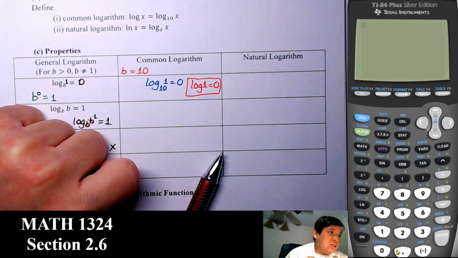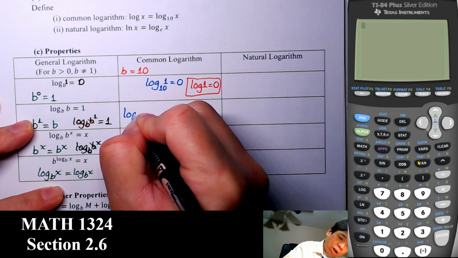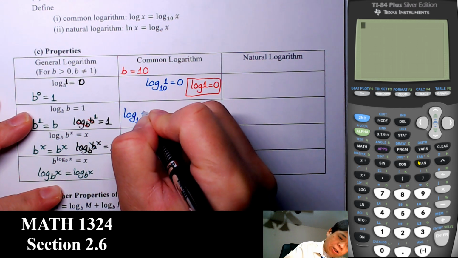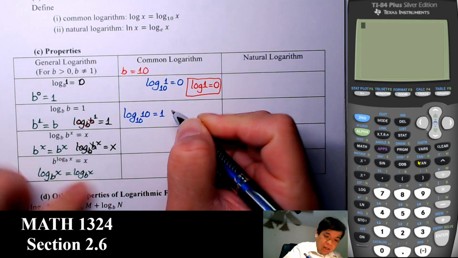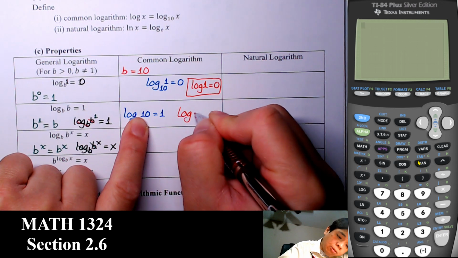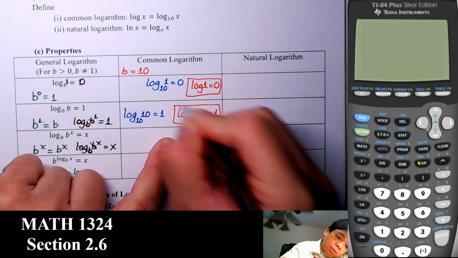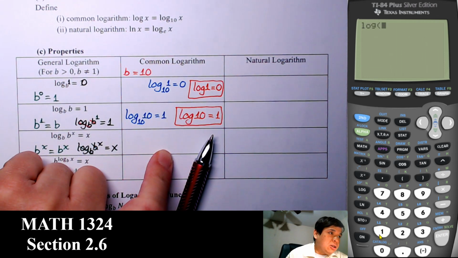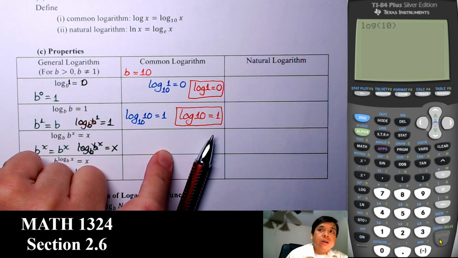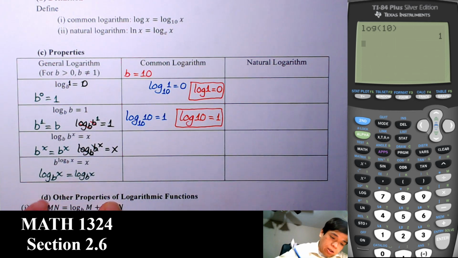Now on the calculator, it did this. Now I replace the 10 here for b. The log base 10 is a common log. I just drop the base.